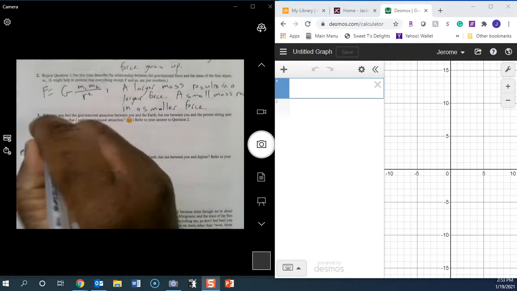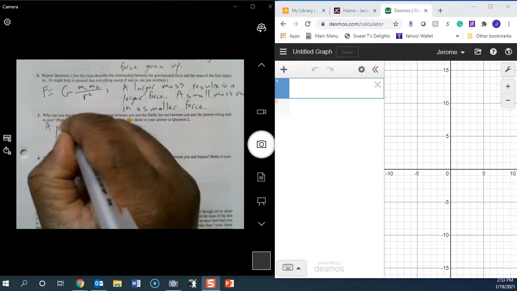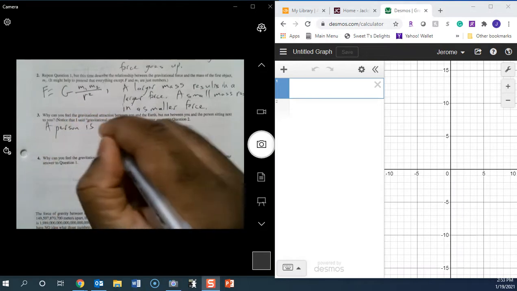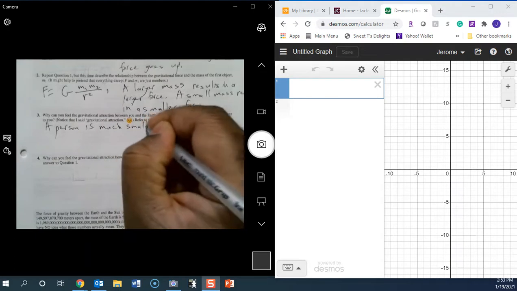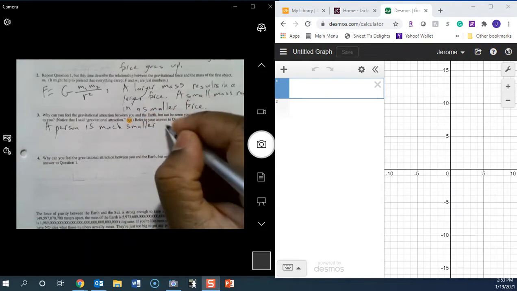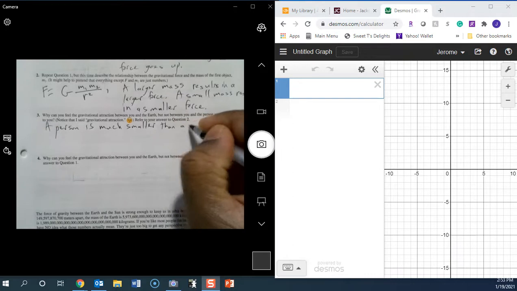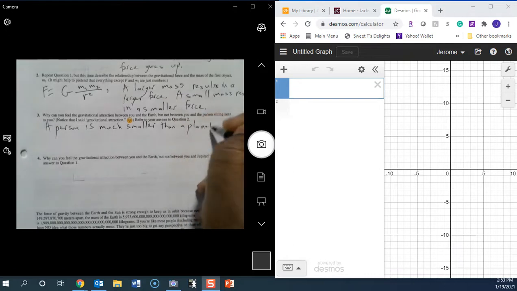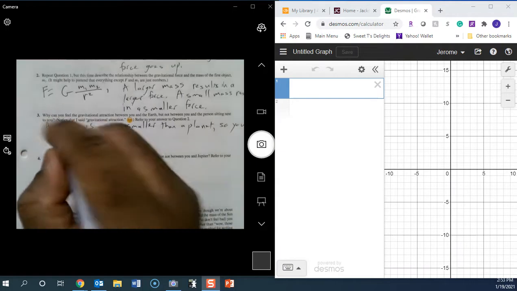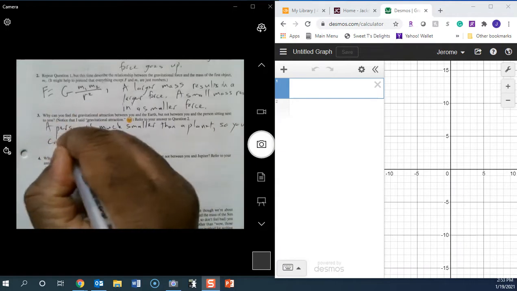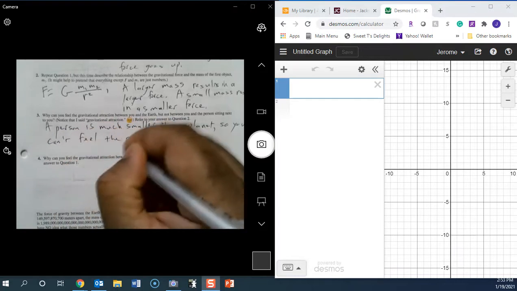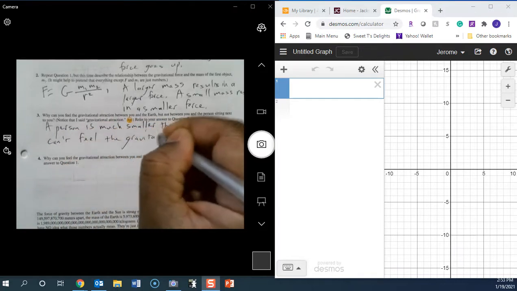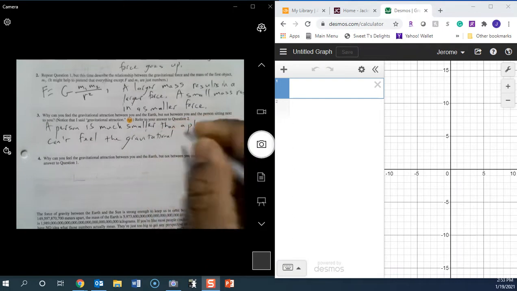So it says a person is much smaller than a planet, so you can't feel the gravitational force.